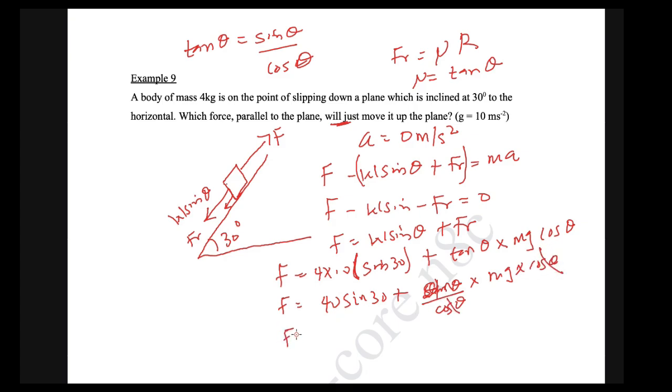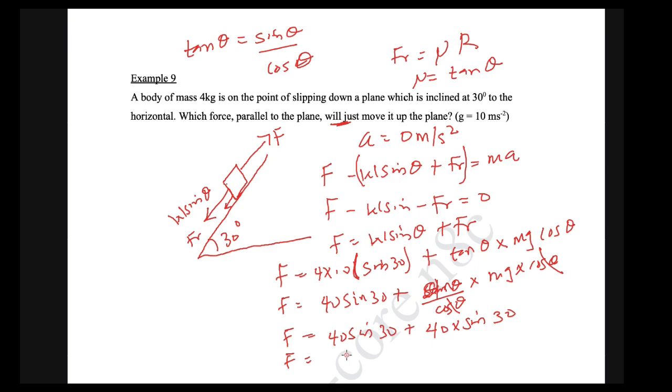So we have F equals 40 sine 30 plus mg, m is 4, so 4 times 10 is also going to give 40. Then we have sine theta left here, so 40 times sine 30. Which is the same thing as F equals 40 sine 30 plus 40 sine 30.